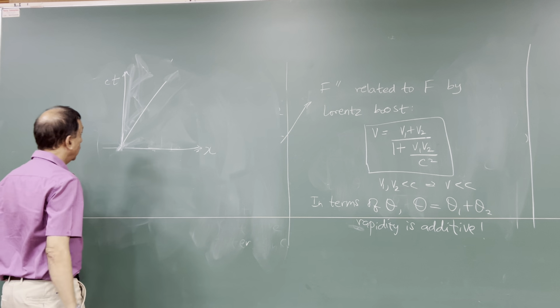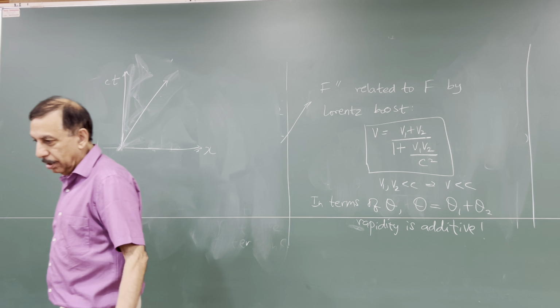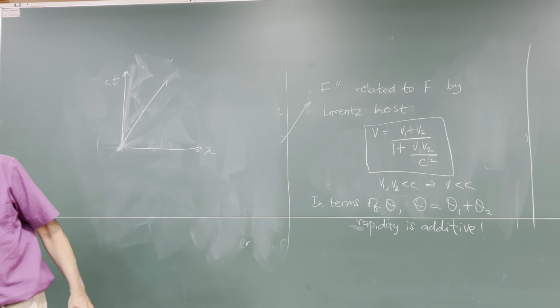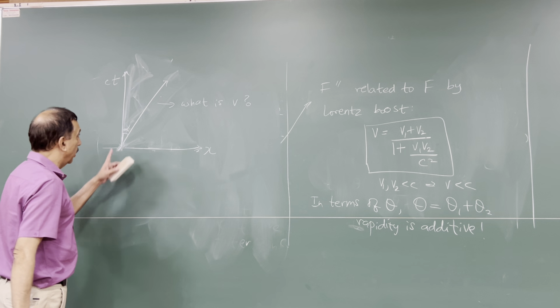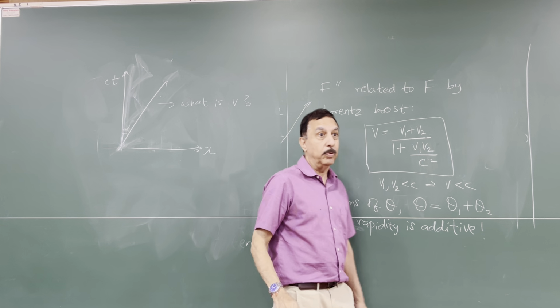So this is the path. Now the question is, given this path, what is v? Every straight line path has a v, the velocity, but what is it actually given the geometry of this path? Okay. Now you can see that if this is the angle alpha, again I am doing something different from what people normally do.